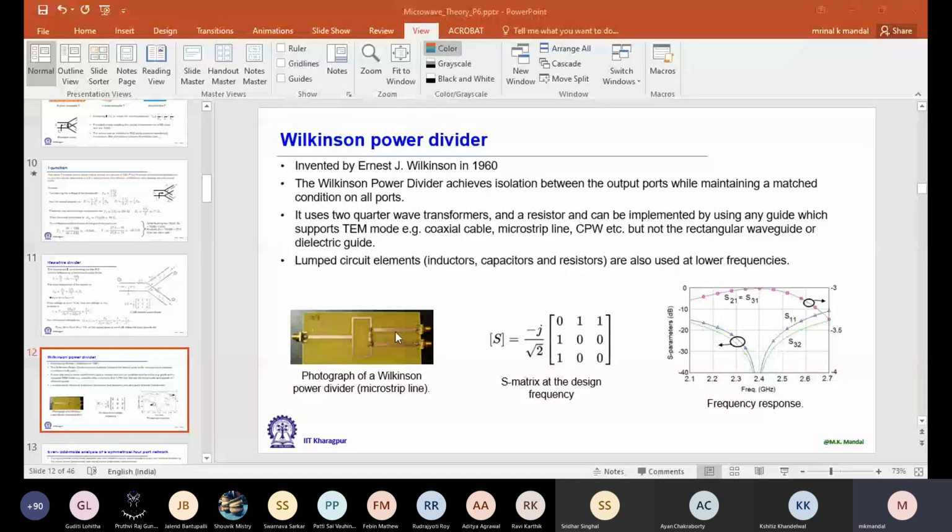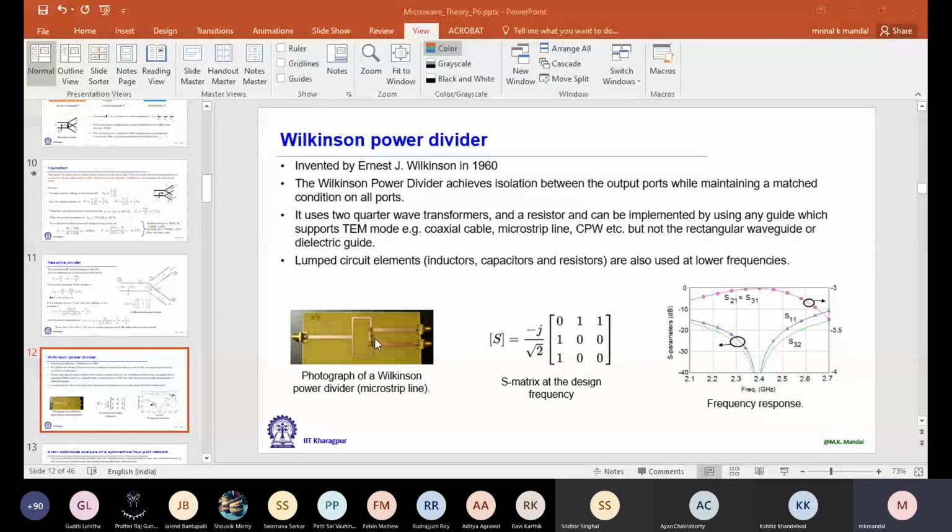So if they are equally divided into two parts, that means the power ratio is 1:1. What about in terms of S parameters? S parameters relate the signal amplitude, so it will be 1/√2 times down compared to the input feed, 1/√2 times down. And you see the outputs from port 2 and port 3 are symmetrical with respect to the midplane.